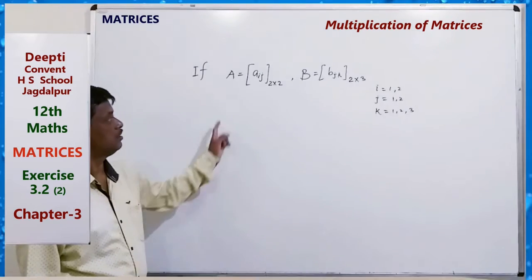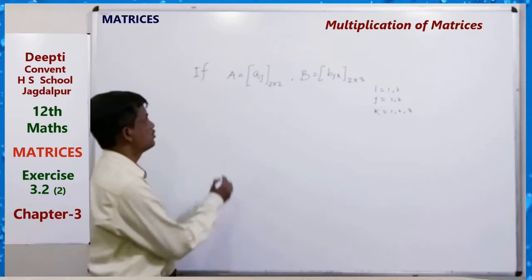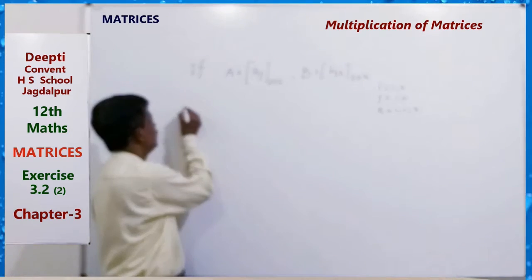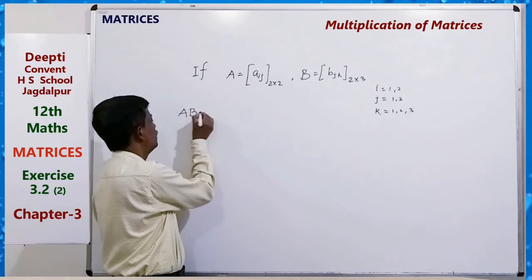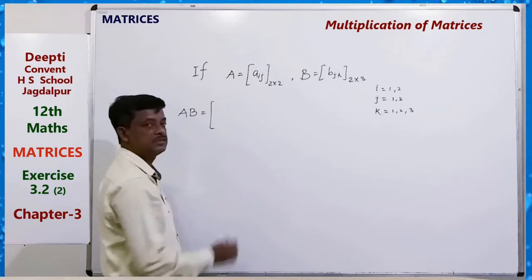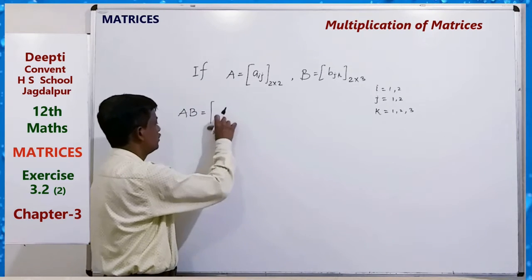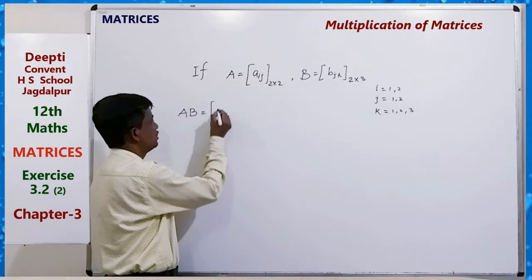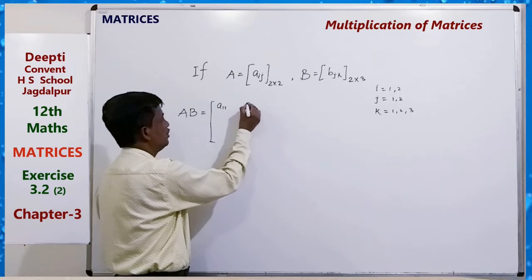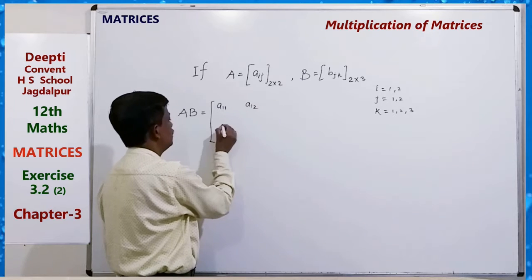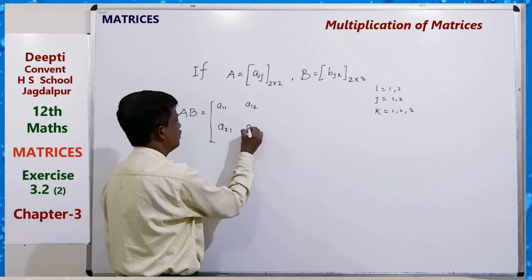Okay, then we can define AB. So what AB means, just write it with its notation: A11, A12, A21, A22.